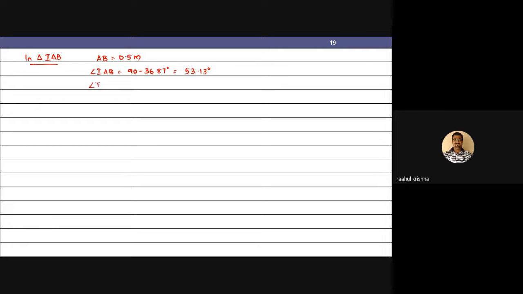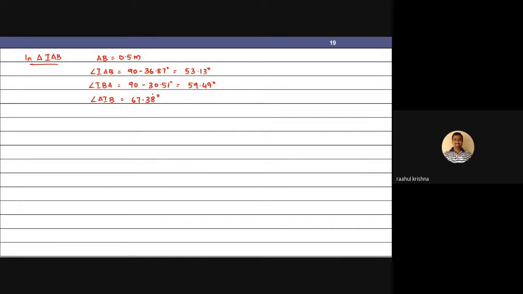Then angle IBA is 90 minus 30.51, that is 59.49 degrees. And angle AIB, that is the sum of theta and phi, both of them. That angle I am getting as 67.38 degrees.